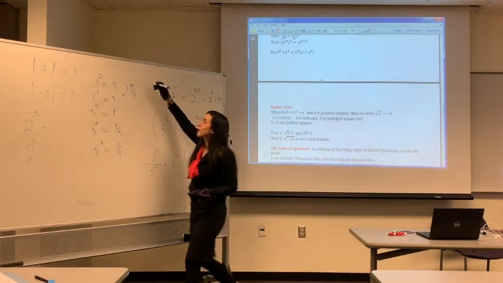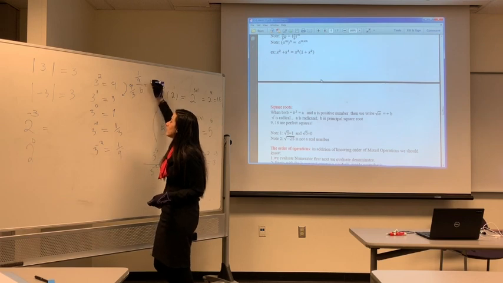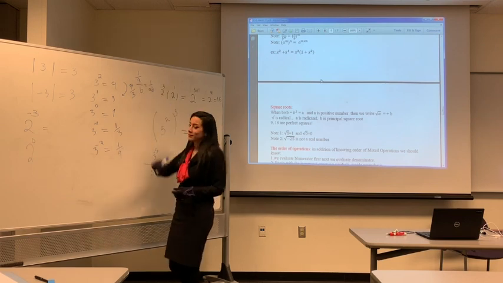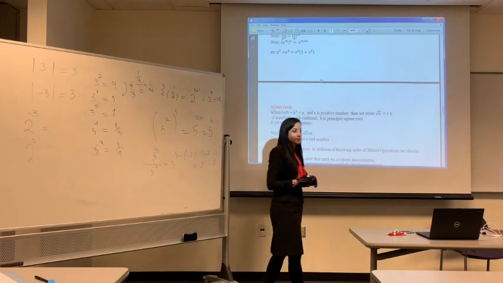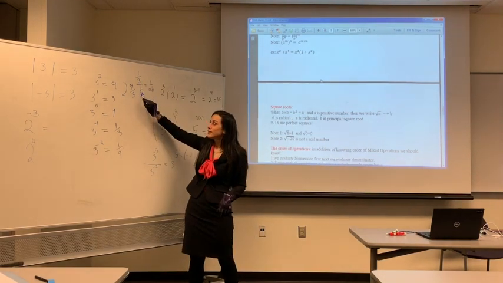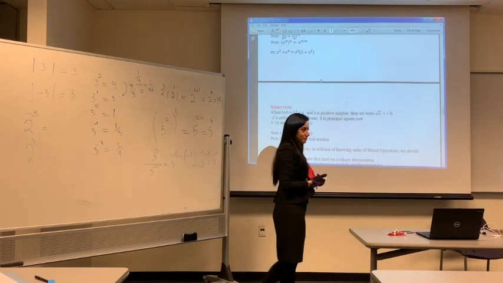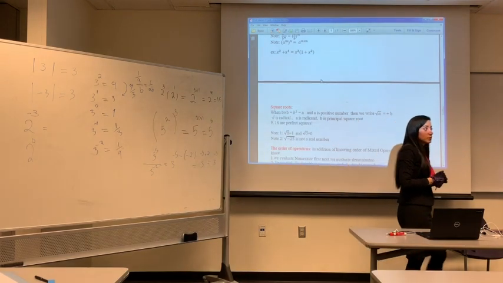Because 1 over A divided by B is 1 over AB. Okay. 1 over 9 divided by 3 is 1 over 9 multiply 3. Oh. This is the way it works.